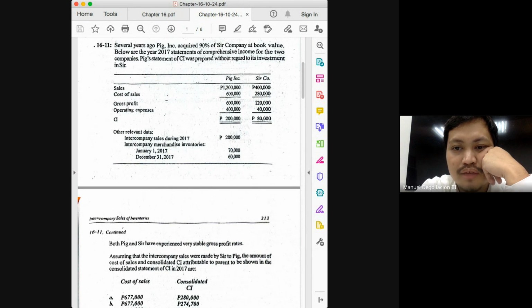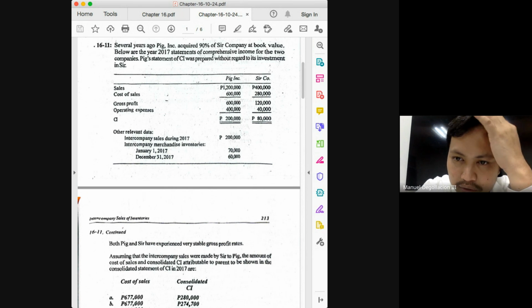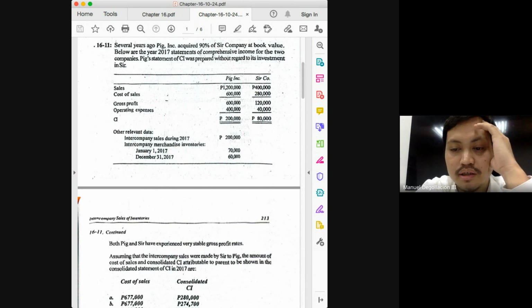The reason we remove that, class, is because, who made the purchase here? Is this upstream or downstream? What did the problem say? Purchases were made by Sir from Pig. So this is upstream. The transfer from the subsidiary to the parent is not considered a sale in the eyes of the consolidated entity.